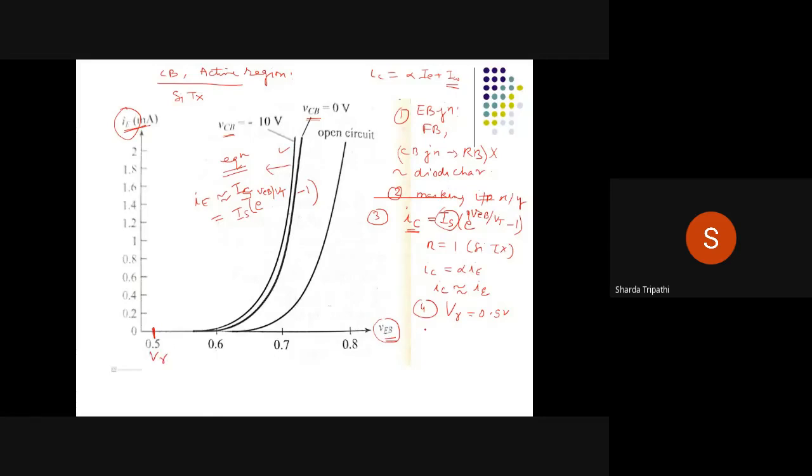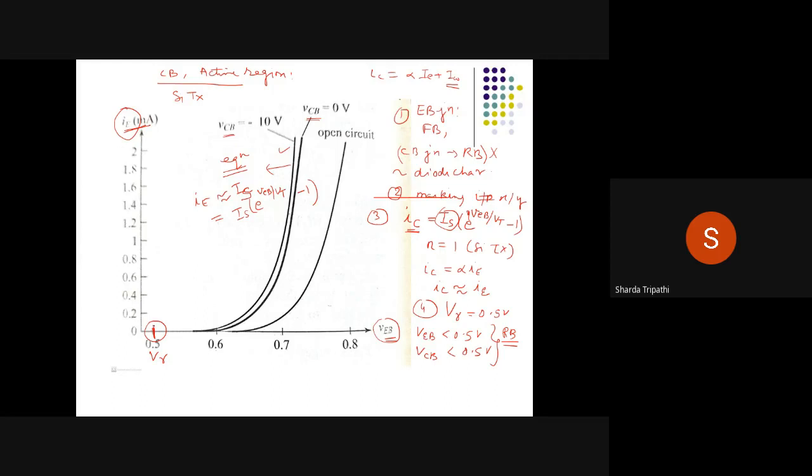If at any junction the voltage is less than 0.5 volts, whether the first junction or the second junction, then for practical purposes, I can say that the junction is reverse biased. You need to remember this value because it will be used in the numericals. If it's a silicon transistor, the cut-in voltage is 0.5 volts.